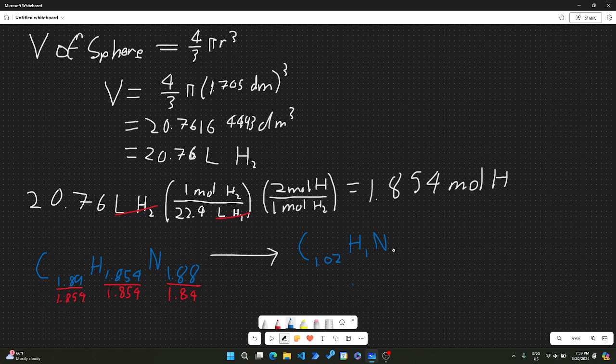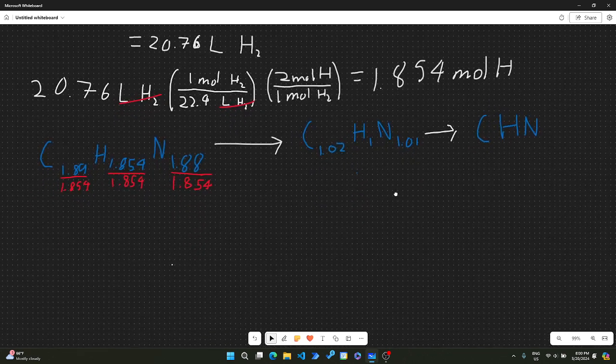And this gives you 1.01. Oh, sorry, this is 1.854, not 1.84. And then we can just round these off so that this becomes our final answer for our empirical formula of carbon 1, hydrogen 1, and nitrogen 1. So CHN. So this is our empirical formula right here.